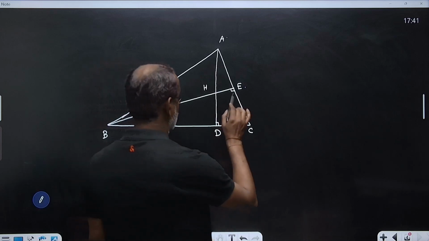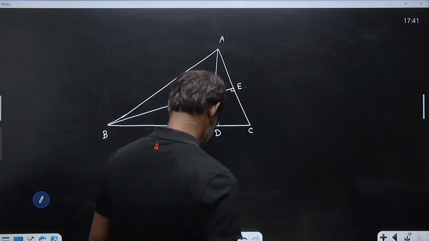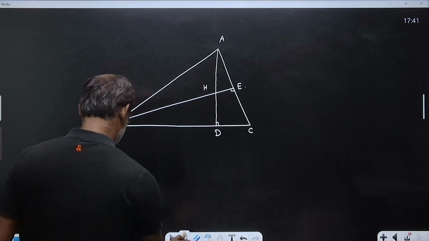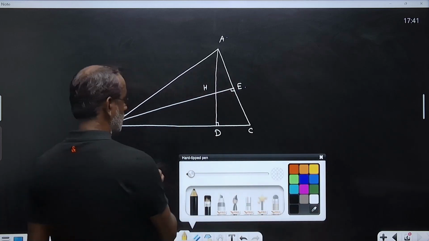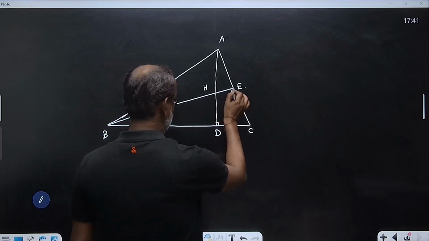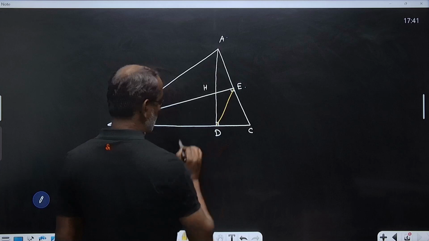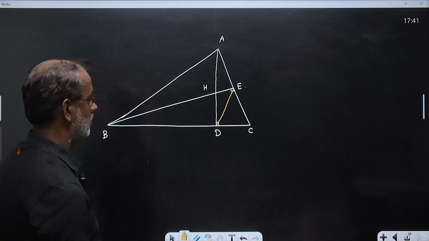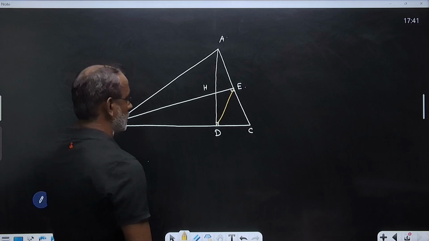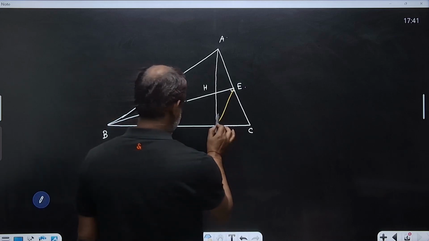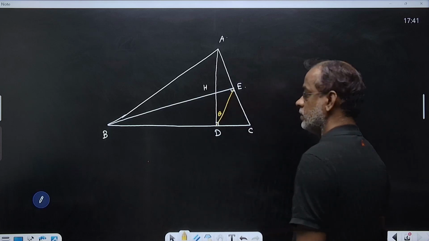Now somebody asks you to show that, let me draw with a different color. If this angle is theta, so this angle is theta.